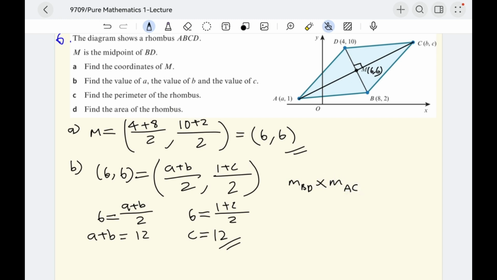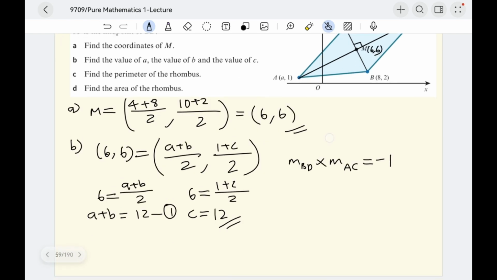Take the product of them together is -1. Yeah, use this relationship in order to find the A and B. Okay, so for me, I will label it as equation 1. Okay, so what's the equation 2? It just basically simplified from this relationship to get the second equation, so that you can find the A and B already using these two simultaneous equations.